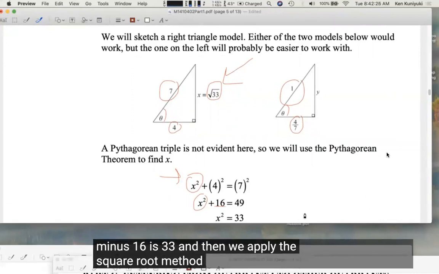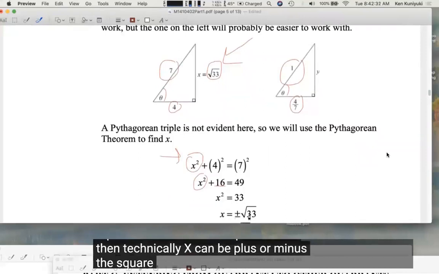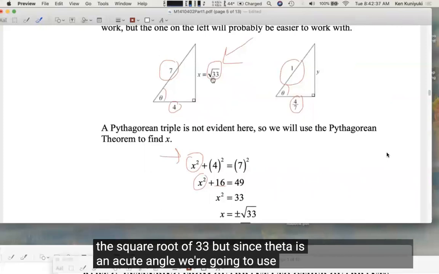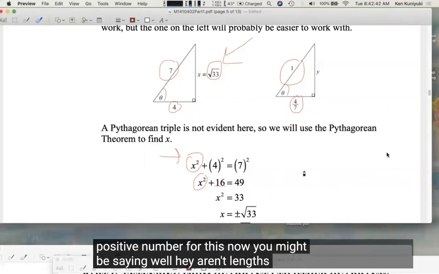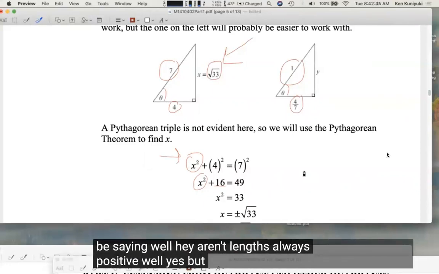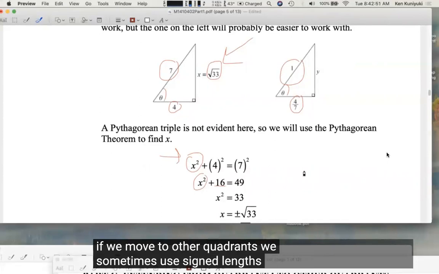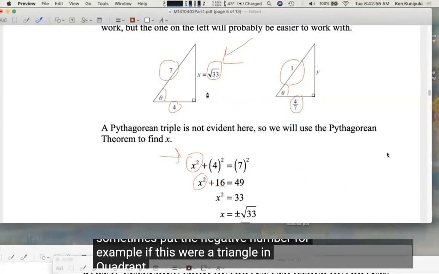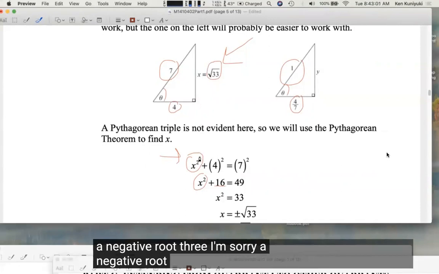And then we apply the square root method. If x squared is 33, then technically x can be plus or minus the square root of 33. But since theta is an acute angle, we're going to use the positive number for this. Now you might be saying, well, aren't lengths always positive? Well, yes, but if we move to other quadrants, we sometimes use signed lengths. For example, if this were a triangle in quadrant 3 or quadrant 4, we'd put a negative root 33 down here or down here to label the side.